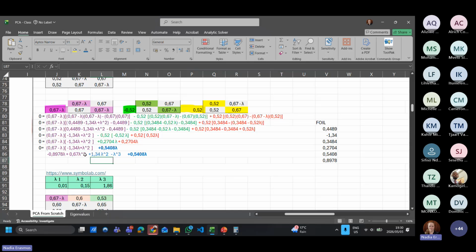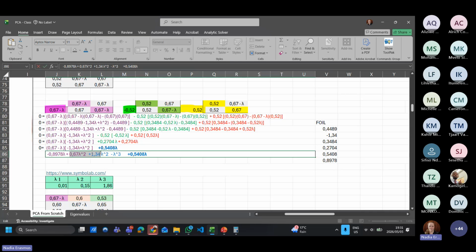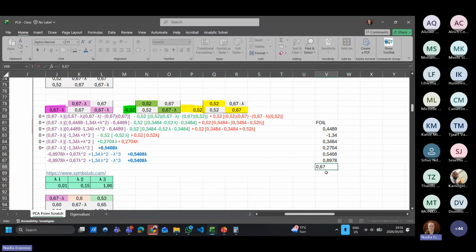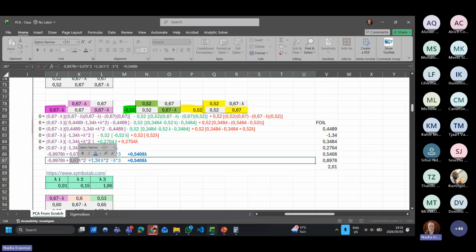Now we can make sure that we combine these two, because they're both lambda squared. So let's add them together. It's going to be 0.67 plus 1.34, which equals 2.01 lambda squared.